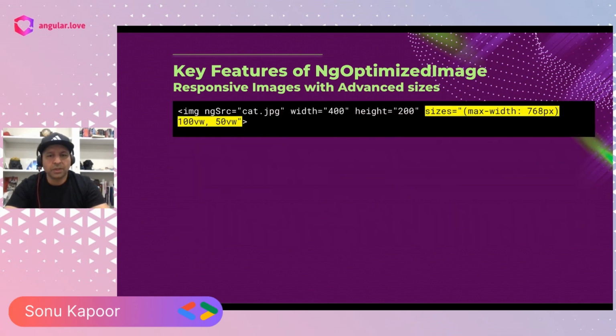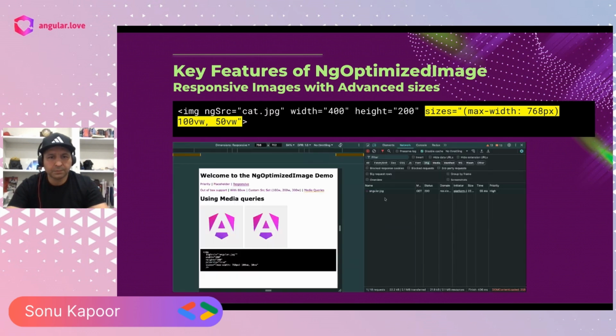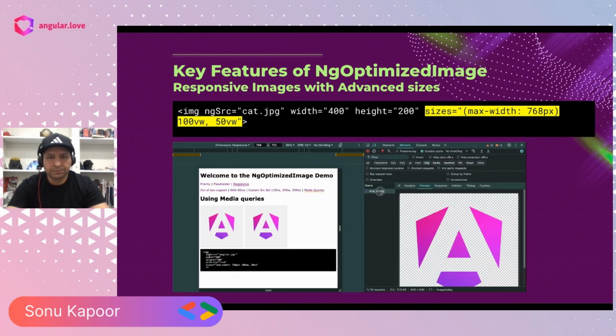So one of the common use cases is when you want to use media queries to control the image size. For example, you want to render multiple columns on the desktop while rendering only a single column on mobile. So here's an example.